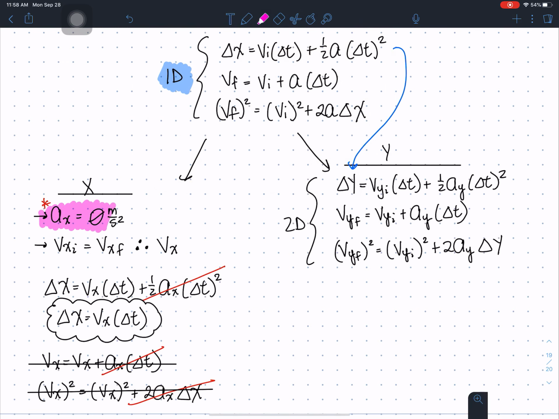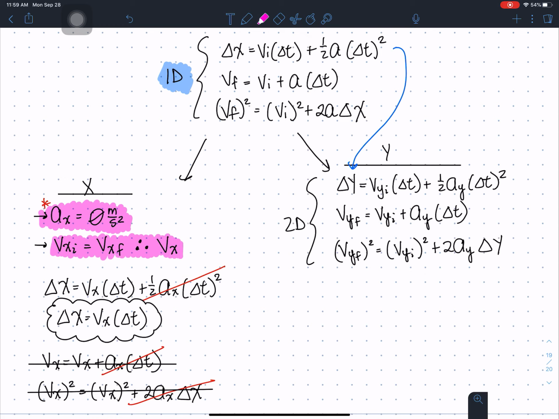And what that means for us is that the x velocity doesn't change. There's really no need for us to differentiate now between x initial and x final for velocity because they're the same value. So Vx initial equals Vx final, and therefore we don't even differentiate between initial and final. We just call it Vx.